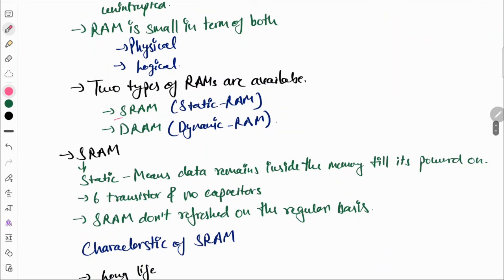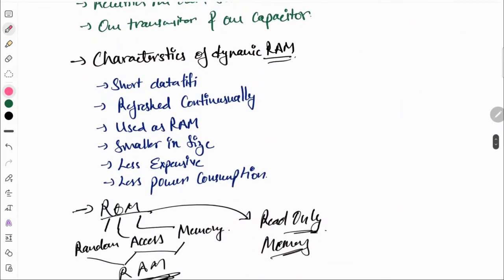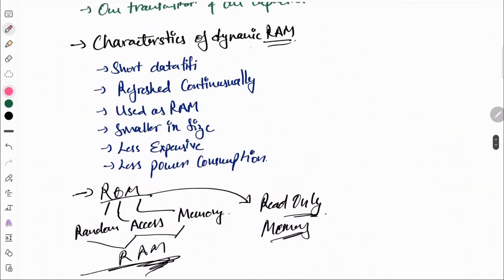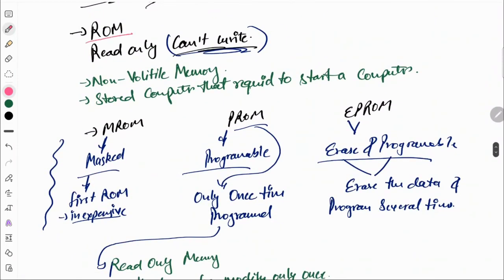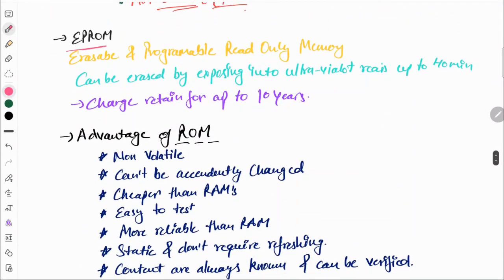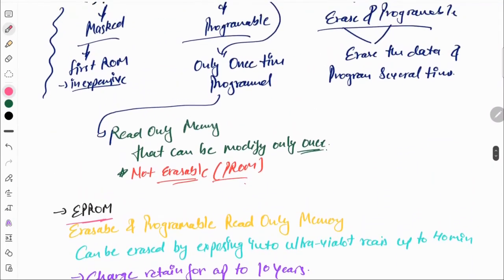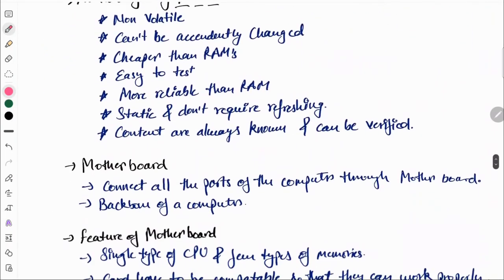parts of RAM, SRAM, DRAM, characteristic of RAM, then ROM. ROM is read only memory. Then we saw the types of ROM: EPROM, PROM, MROM.